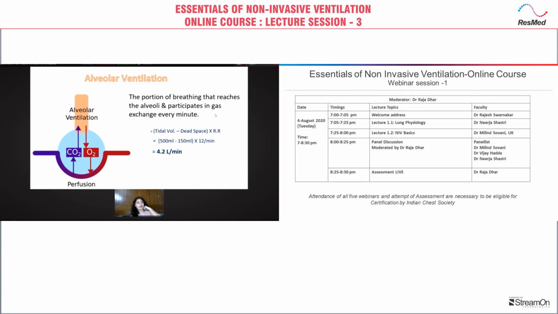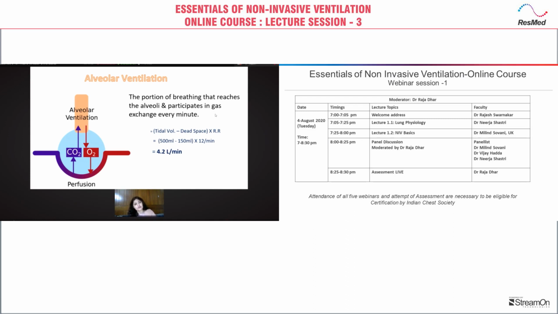So in your NIV, if you can add pressure and flow to the mask, and if your dead space is not more than normal, you can let that air go into the alveoli, and that is called alveolar ventilation.